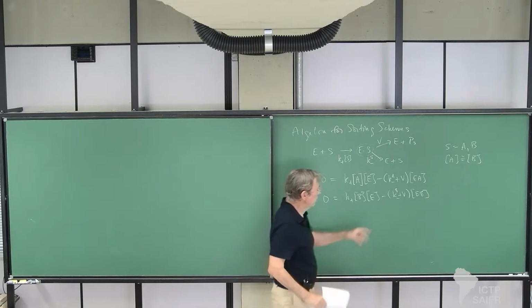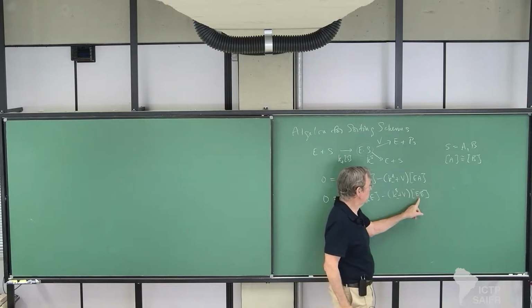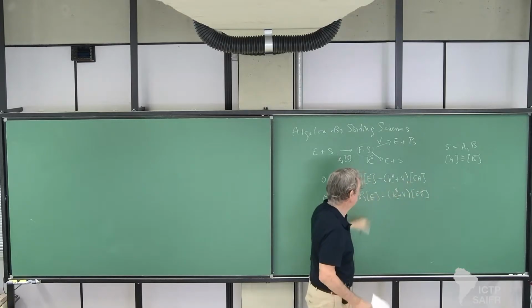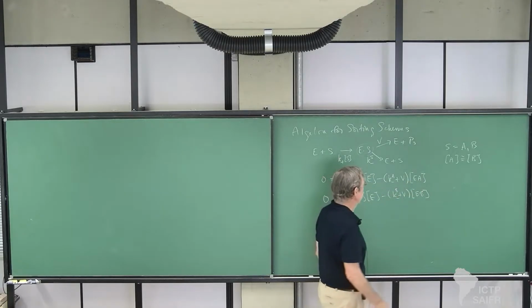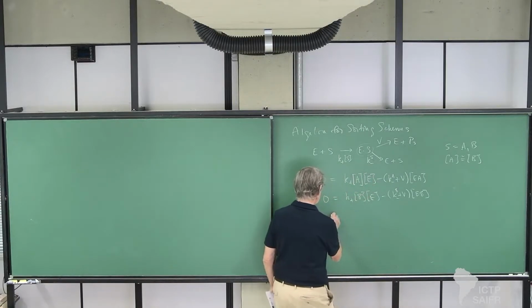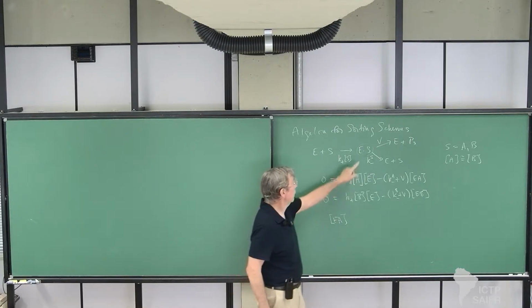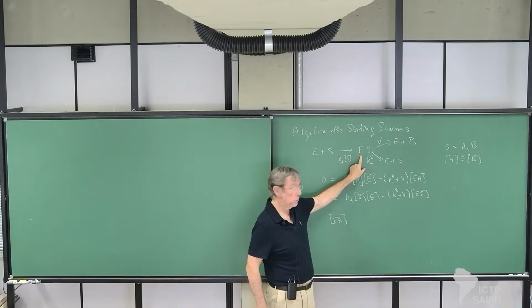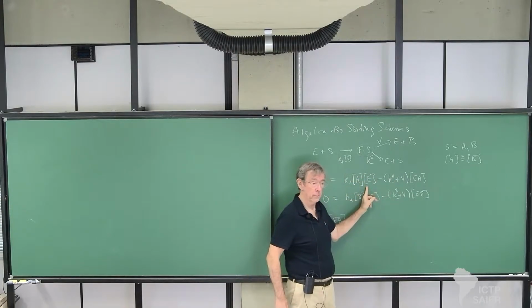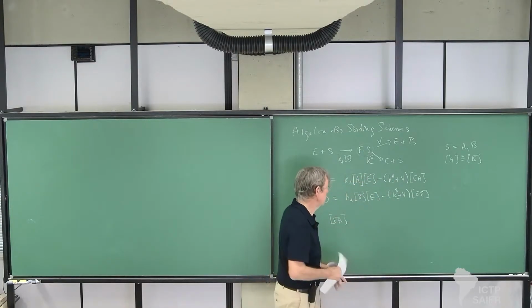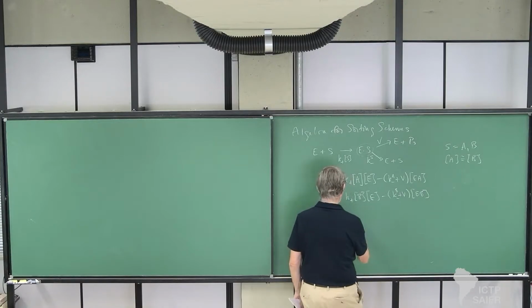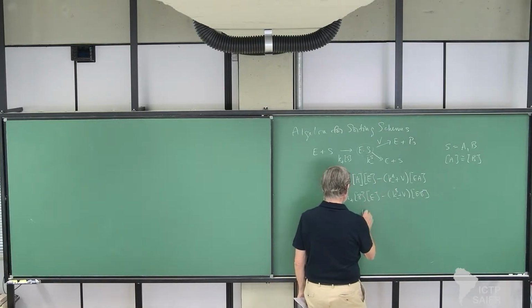And then basically, the only thing you care about, so you can solve each of these equations for, let's do it for one of them. We can solve for, okay, what is the concentration of the good complex? Well, I have an equation here. The steady state equation says the concentration of the good complex is just, I just rearrange the equation.